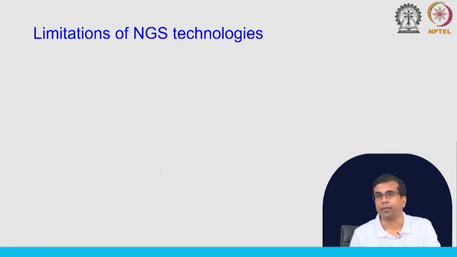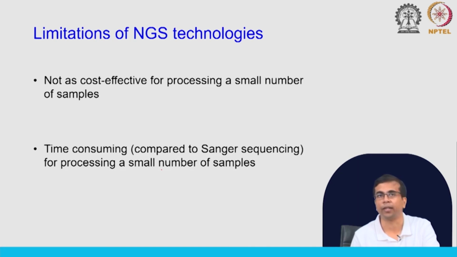There are a lot of advantages and benefits that we have seen from NGS technologies, but there are also some limitations which we can probably address. One is that it is not as cost effective for processing a small number of samples. This will probably not be a major problem, as the cost of these technologies is going down.